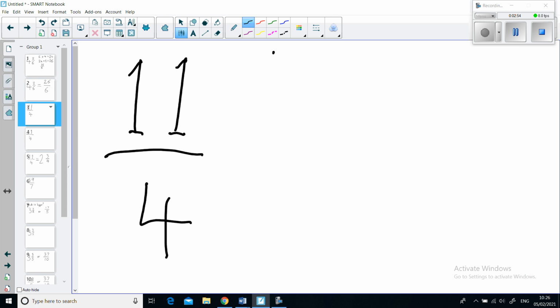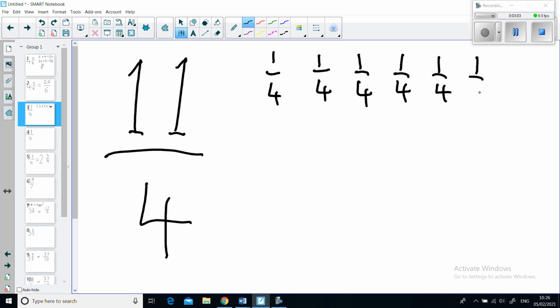So I've got 1, 2, 3, 4, 5, 6, 7, 8, 9, 10, 11. Okay, so a little bit of a long way of doing it, but you can literally see here I've got 11 quarters. Okay, exactly the same thing.